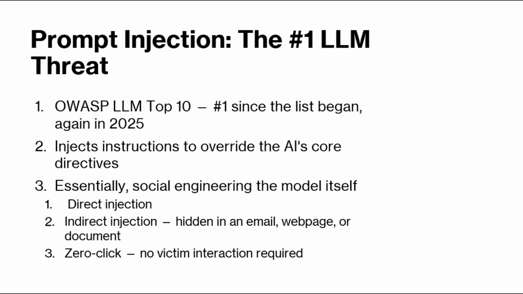What makes it particularly dangerous is the indirect variant. If an attacker embeds malicious instructions in content the AI will process as part of its normal task, an email, a web page, a document, the model will follow those instructions without any interaction required from the target. The victim never has to open the email.